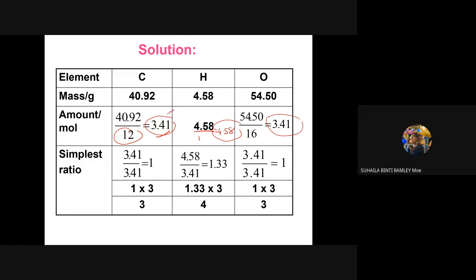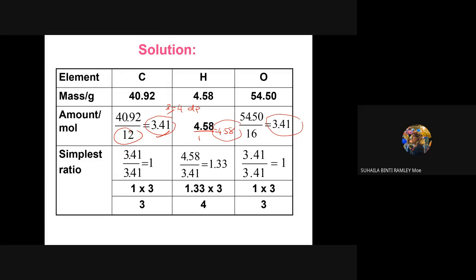Actually the best answer here is 3 to 4 decimal points. Why? Nanti bila kamu cari ratio, we will get the deviation. Nanti akan dapat perbezaan untuk calculate simplest ratio.